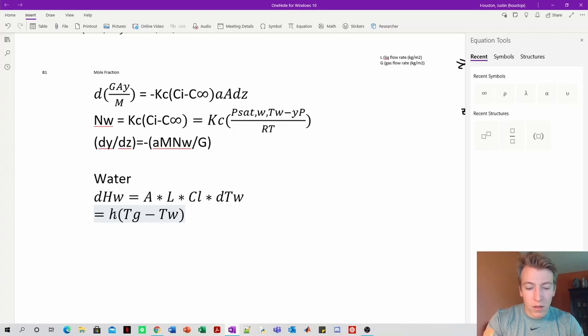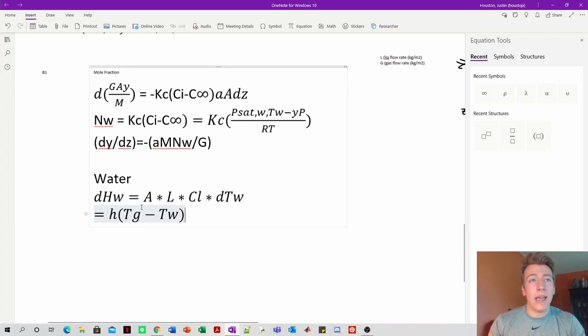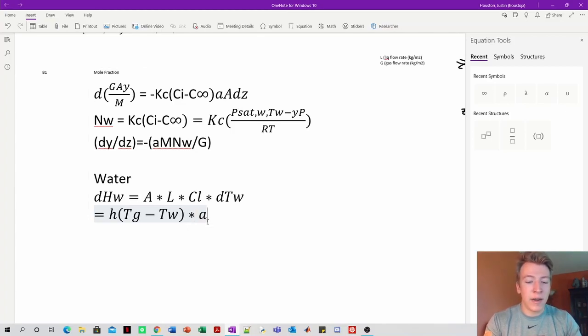And I should say that is the temperature of the air in the gas phase, and then the temperature of the water. This difference here is going to give us watts per meter squared in units. So we are then going to want to multiply this all by what we found beforehand in part 1, and that is that total surface area of the process area that we were looking at. So you're going to have that specific area times capital A area, dz.